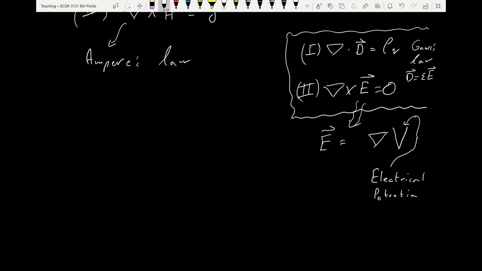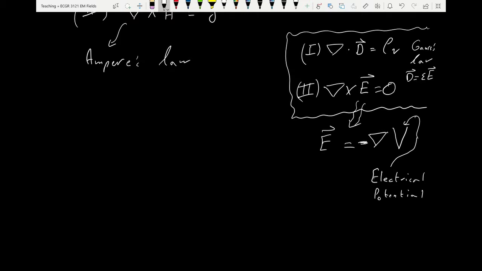E has to be the gradient of some scalar field, because the curl of any gradient is 0. Because the curl of E is 0, there is always a V we could find such that if we take its gradient, we get E. Actually, if we take the positive or negative gradient, we still get a good enough representation of E, because it doesn't matter. It anyway turns to 0 when we find the curl of it. For historical reasons, we stick with the negative sign.